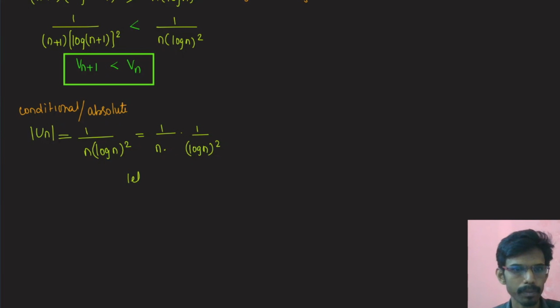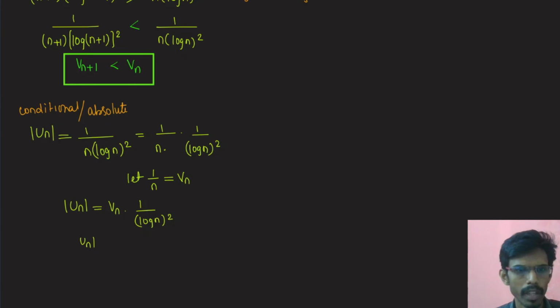Let us take this 1 by n as some Vn. So mod un will now become Vn into 1 by log n whole square. Take the ratio of un by Vn, which is 1 by log n square.